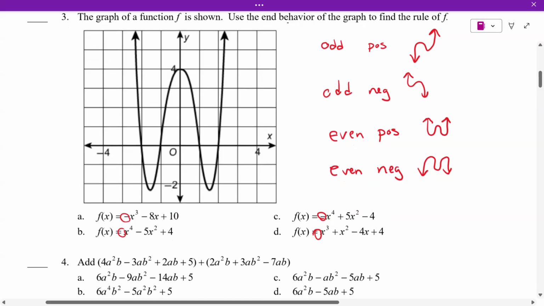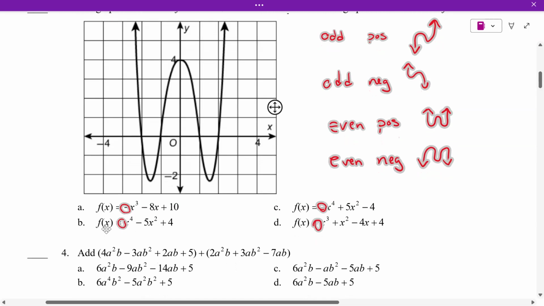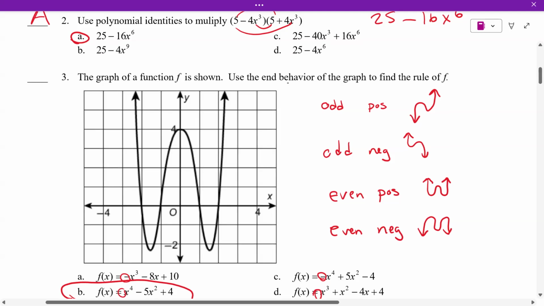So for this one, it makes a W. Since it makes a W, it's even, and its first term coefficient is positive, so let's go like that. Now, this is for a 4th power, this is for a 3rd power.